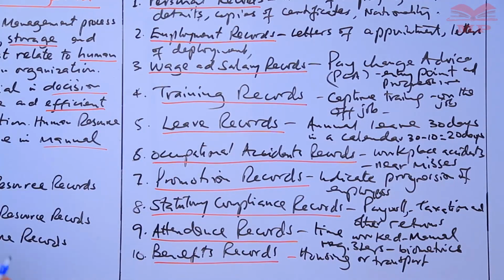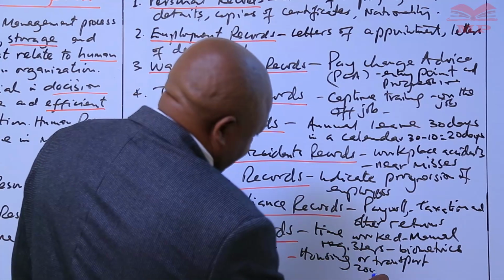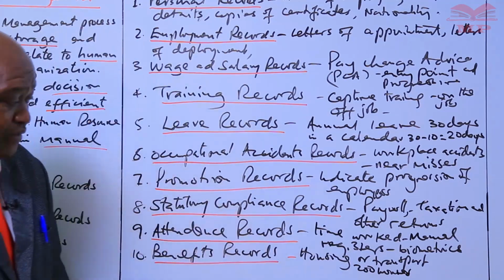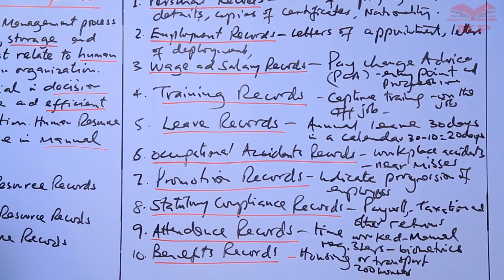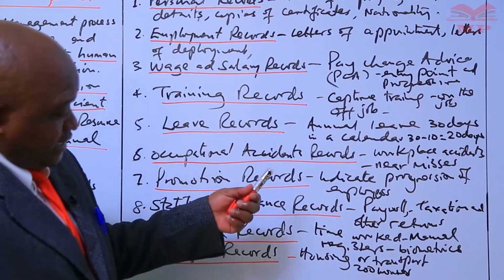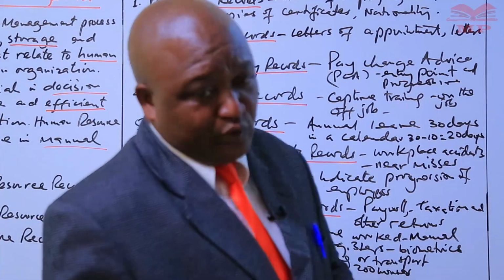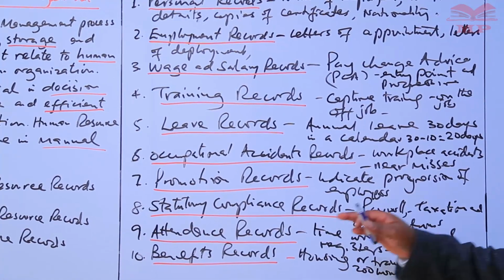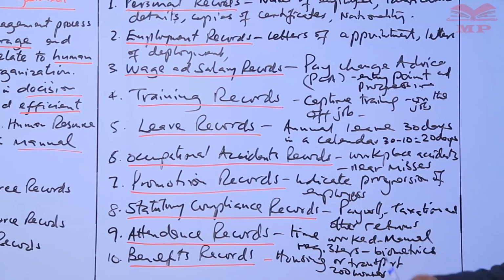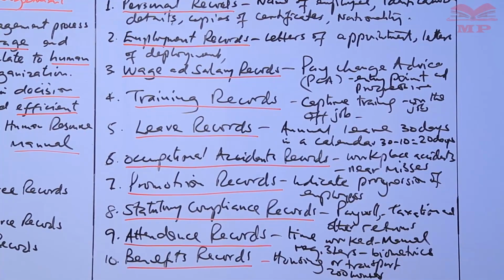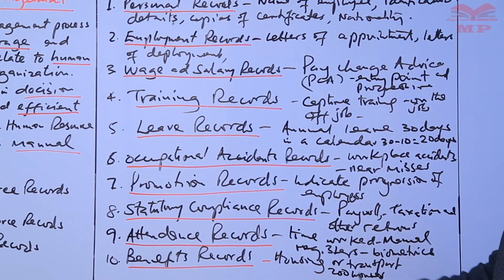So you may have benefits records indicating that if the organization has, for example, 200 houses where they have housed their employees, then the record says that for the purpose of housing, these 200 houses have been allocated to our employees, and these are the employees staying in those houses, as a record to be able to manage and make decisions when it comes to reallocation, among other issues, for purposes of fairness and so on.